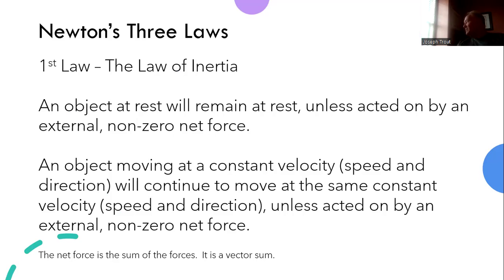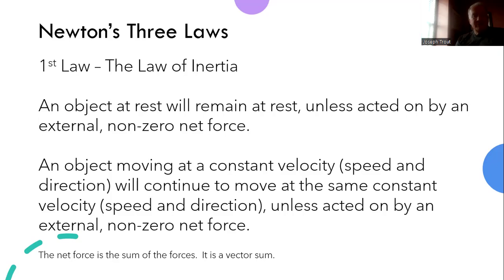By the way, this idea that velocity is speed and direction is really important. For instance, the moon moves at a constant speed. About every 30 days, it circles the Earth once.